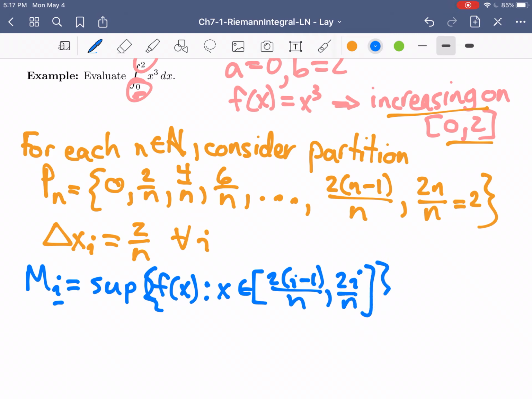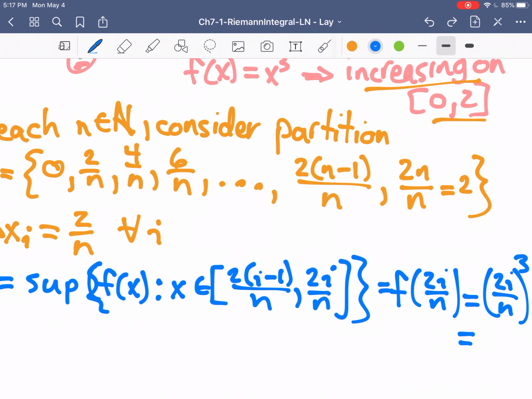So that's the ith subinterval. Because this is an increasing function, the supremum, the upper bound, is going to occur at the right-hand endpoint. And so our function value at that right-hand endpoint is 2I over n cubed, which is 8I cubed over n cubed.